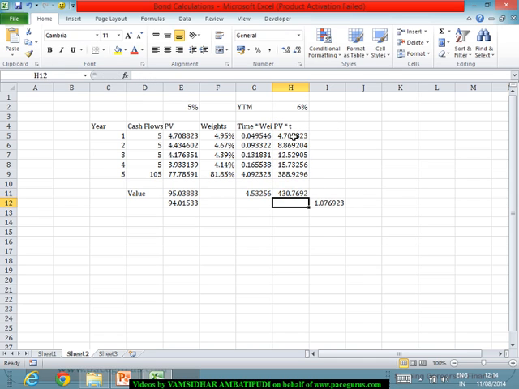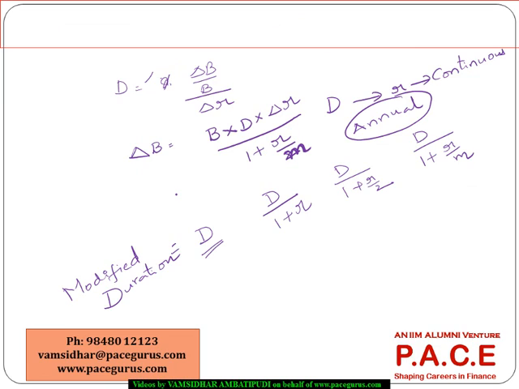Even that is the other way I could have looked at this number, divide by the price, which will give me again the duration.